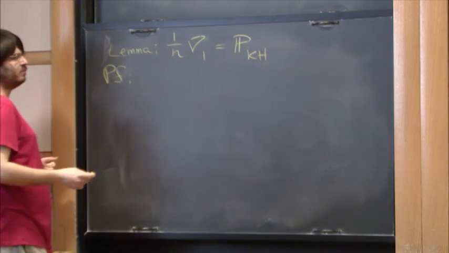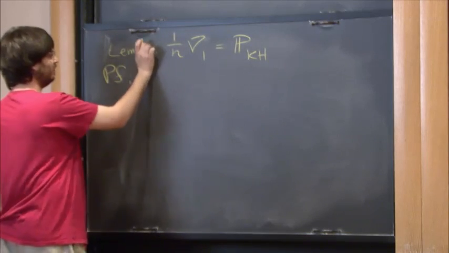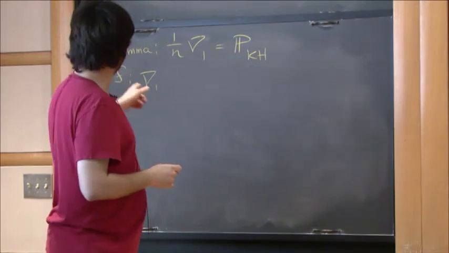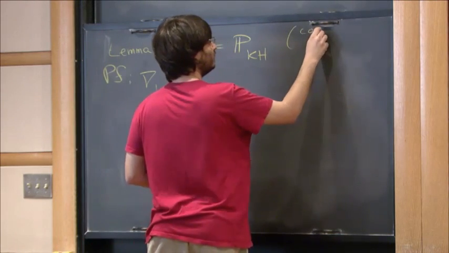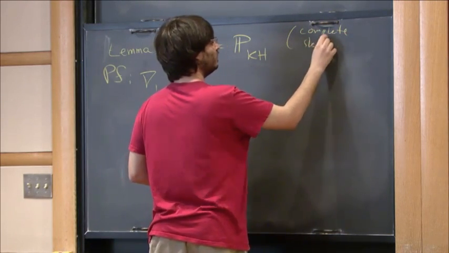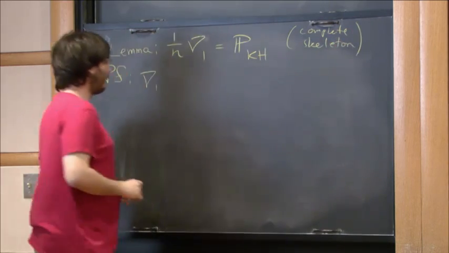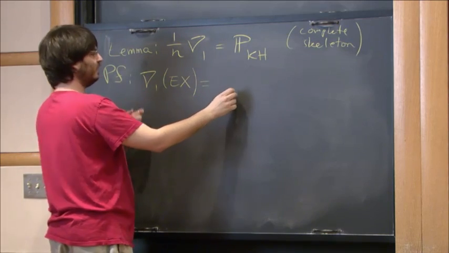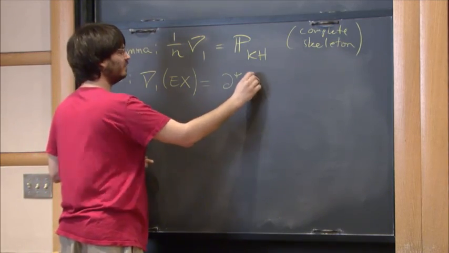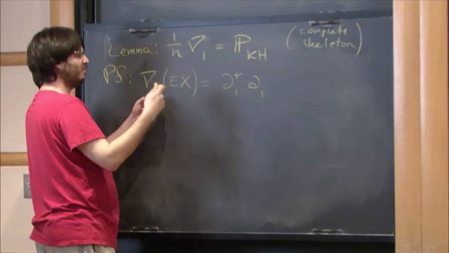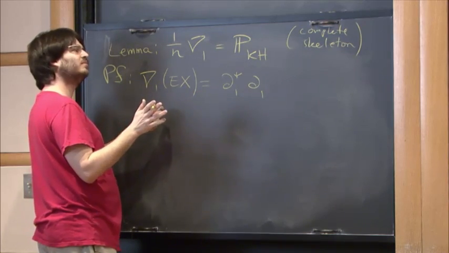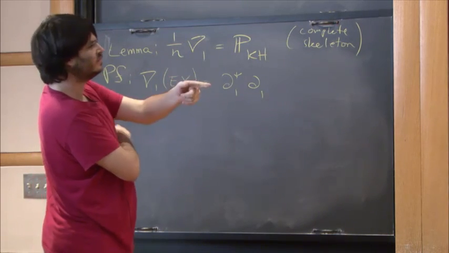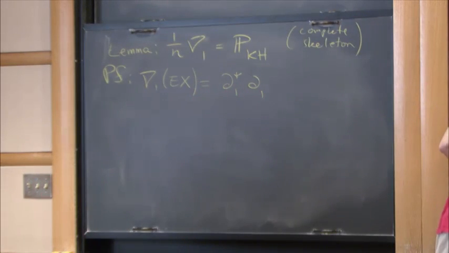Okay, so for the proof, first of all, yes, this is still for a complete skeleton. So first of all, the exact goes to 0, right? Because this is delta 1 star, delta 1, and the exact is what's coming from... okay, yes, we want the exact.